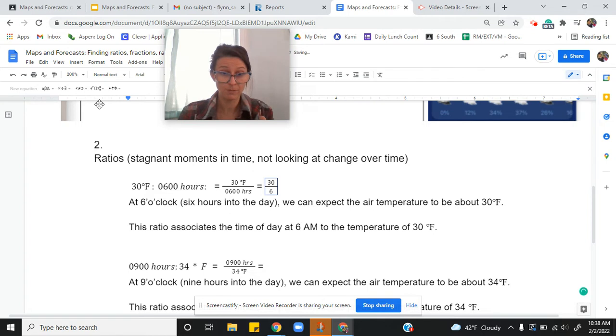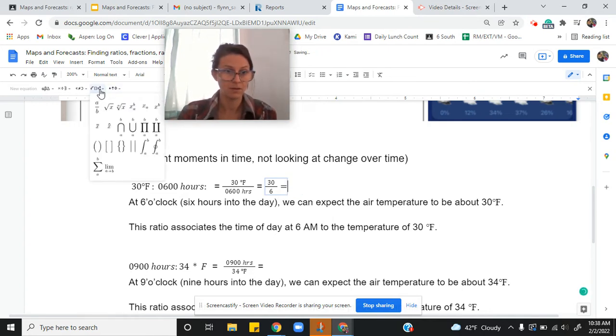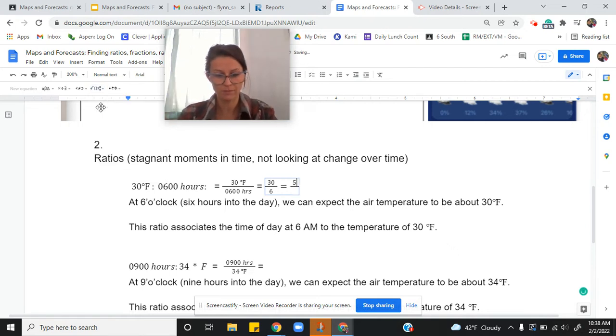As a fraction, 30 degrees over 6 hours, which is equivalent to, 30 divided by 6 is 5. So 5 divided by 1, or 5 to 1, right? Division, comparison, association. And then 5 to 1 what? So it's 5 degrees every hour.